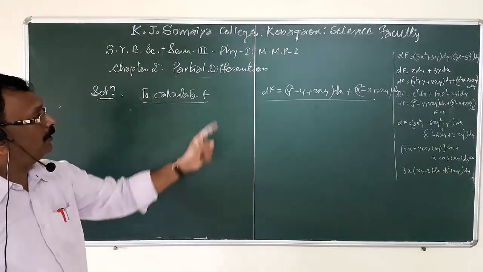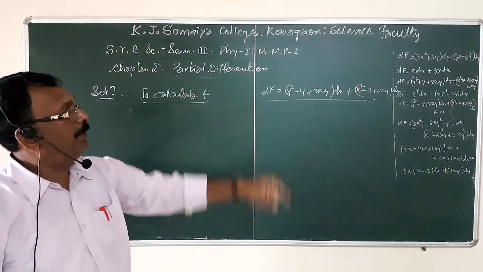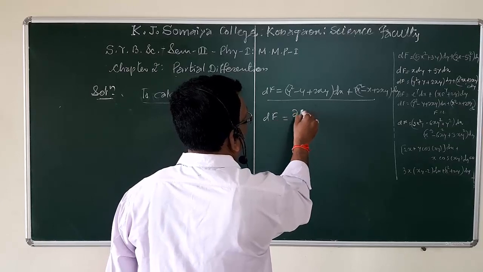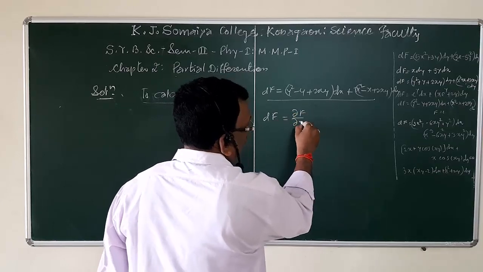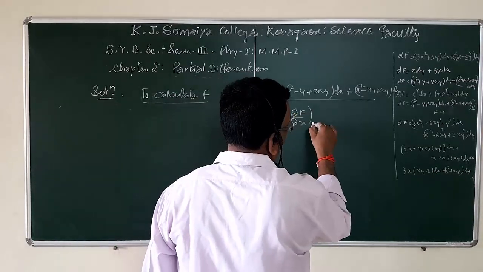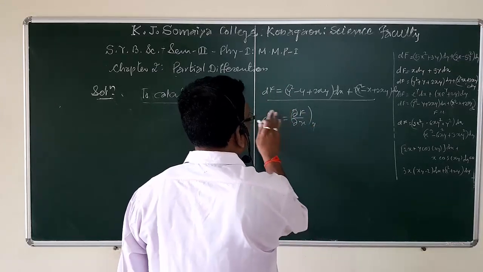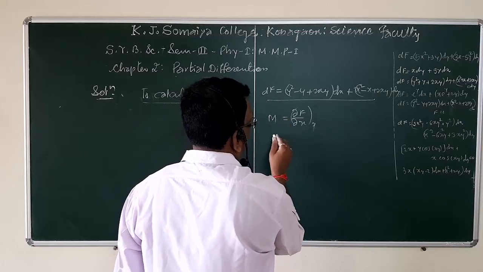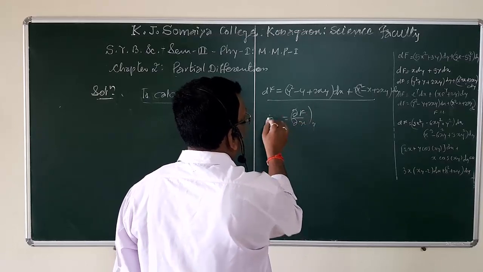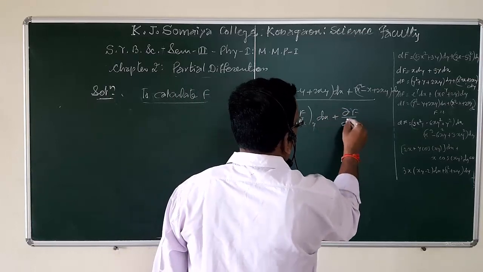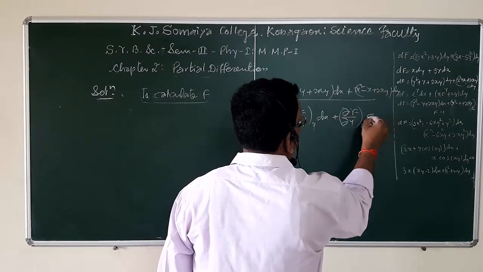Now to calculate f, compare this equation with df is equal to del f by del x, keeping y constant, dx, and compare this equation with df is equal to del f by del y, keeping x constant, dy.